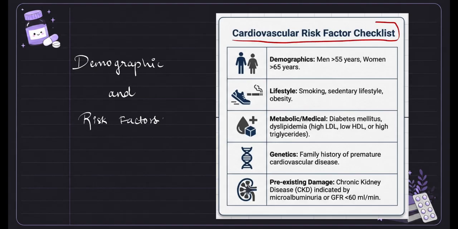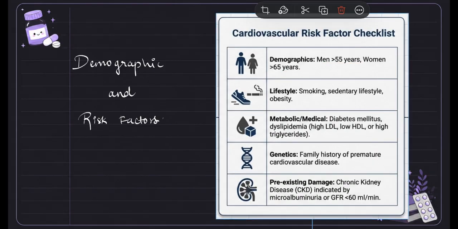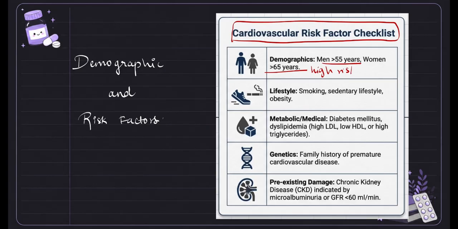Demographics matter quite a bit here. Men over 55 and women over 65 face inherently higher risks. Lifestyle plays a massive role too. Smoking, obesity, and a sedentary routine all significantly elevate the danger. Metabolic conditions like diabetes and dyslipidemia multiply those risks even further. We also look closely at genetics.